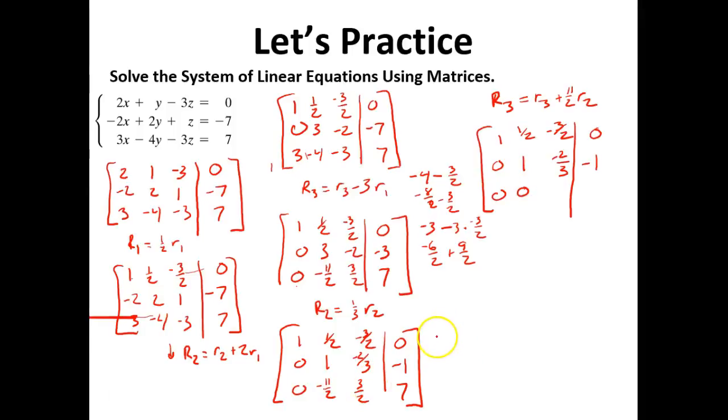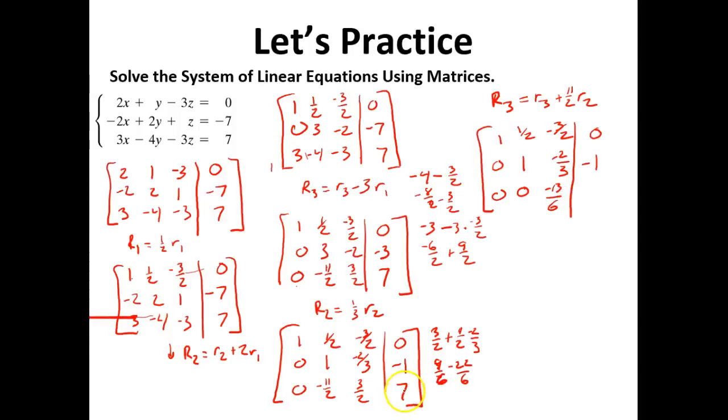This, which is 3 halves, plus 11 halves of this, which 11 halves of -2/3 is 3 halves minus 22/6. Well, this is going to have to be 9/6. So 9 minus 22 is -13/6.